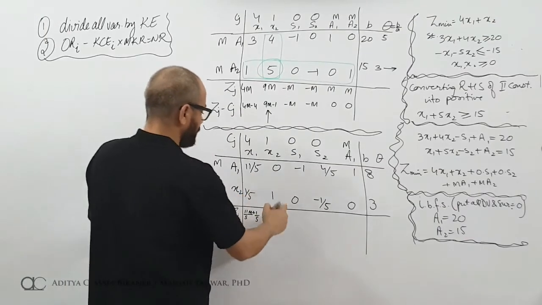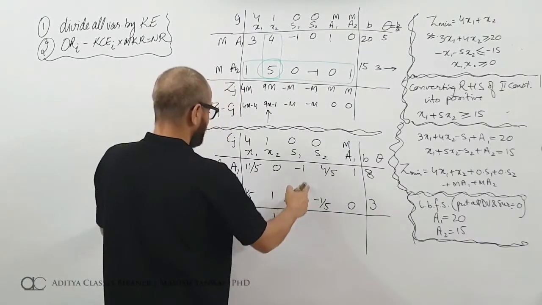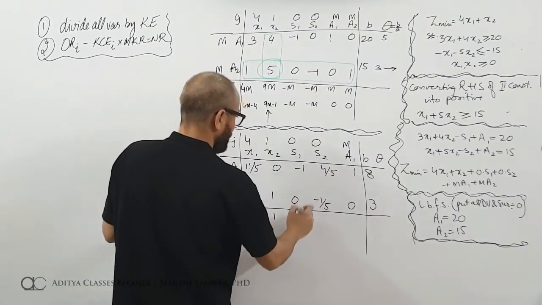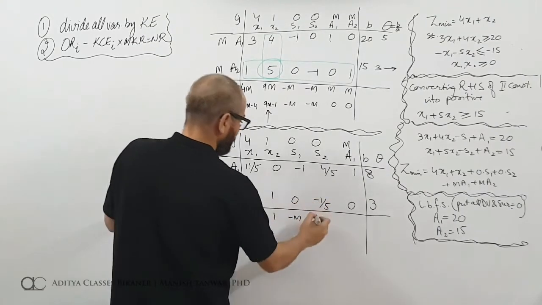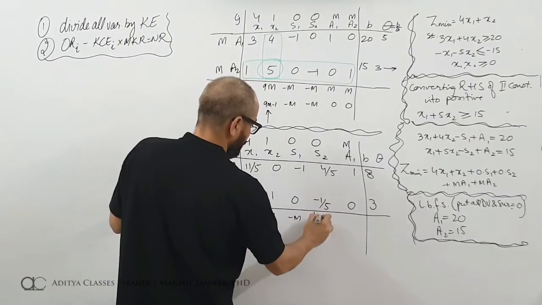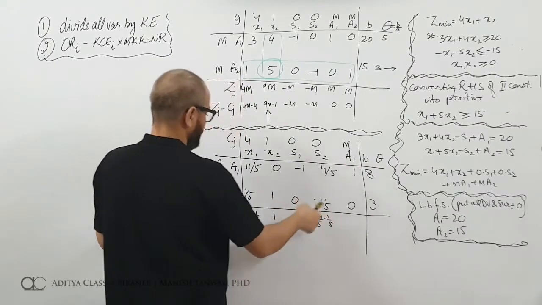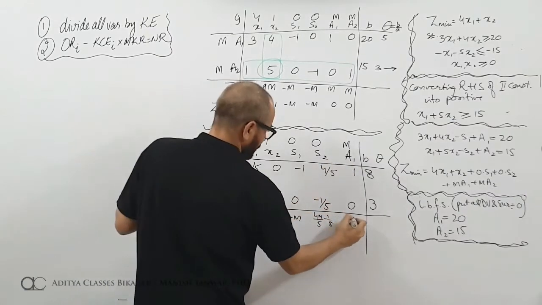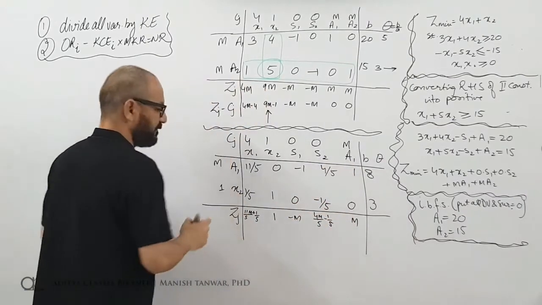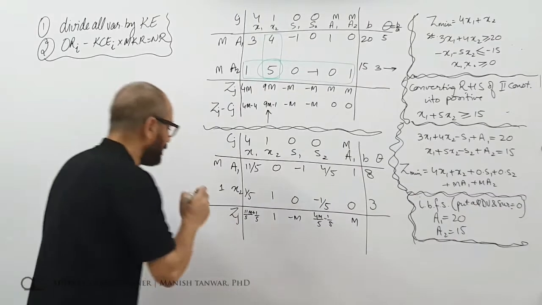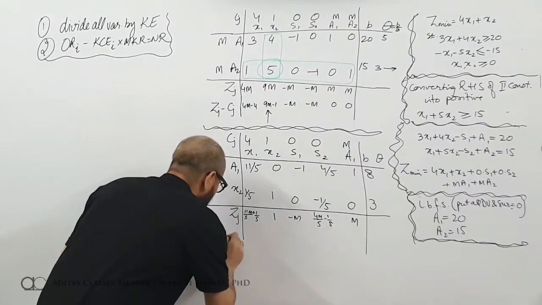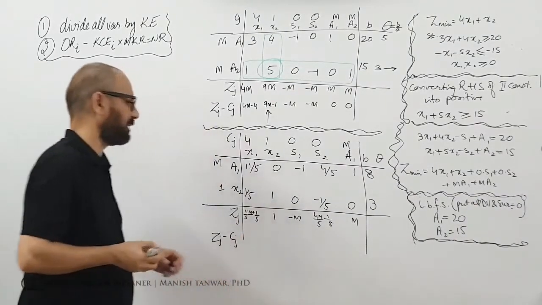This would be a 0 plus 1 minus M plus 0. This would be 4M by 5, and the next is minus 1 by 5, and the last one would be M. So, we have Cj, we have Zj. Now, I need to find out Zj minus Cj.